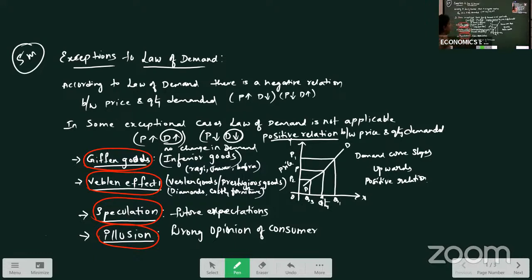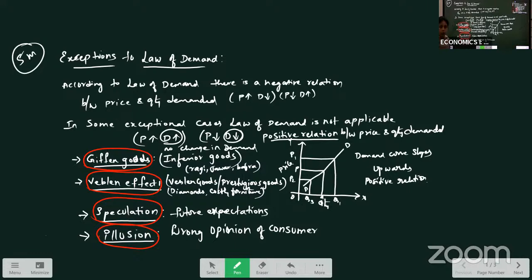So where all can we find this? There is a positive relation in the case of Giffen goods, and Veblen goods, that is, prestigious goods which are used to show status. Speculation, when we expect that in future the prices are going to change. In that case also the law of demand is not applicable.